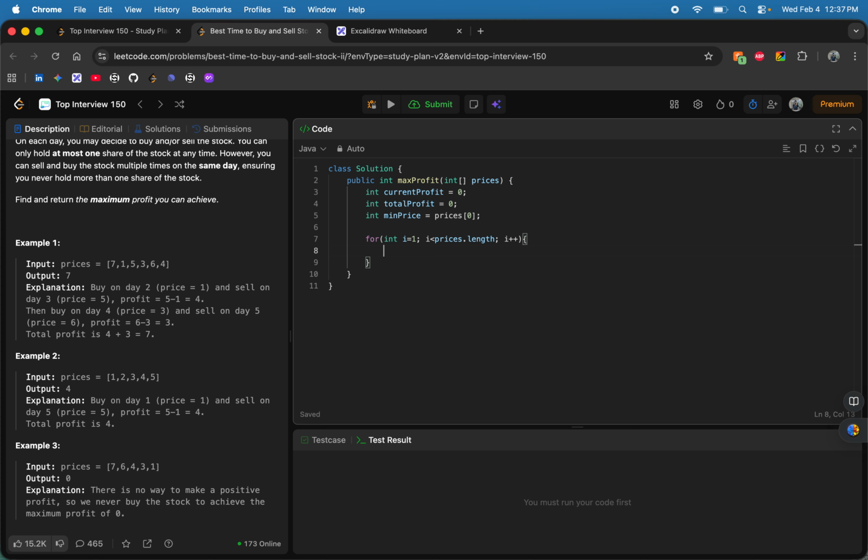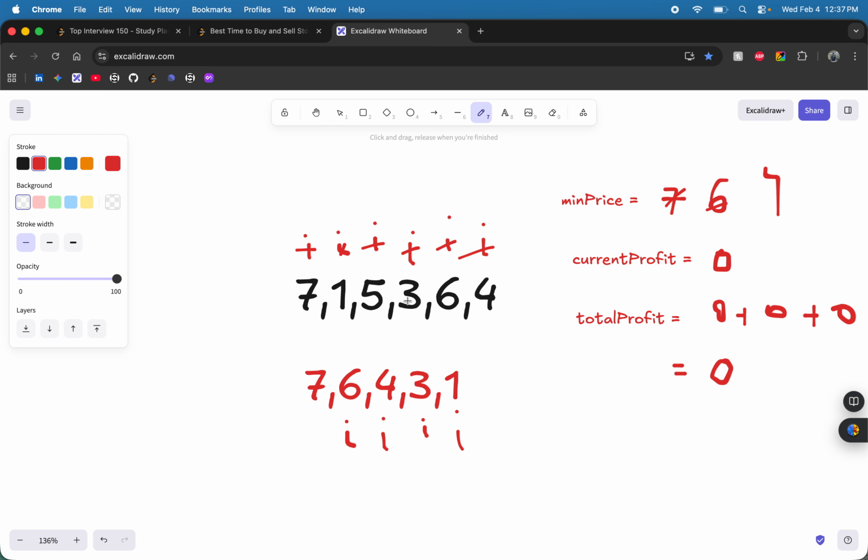Okay, now if prices of i, if the current index is less than the previous one, all right, because we have to compare with the previous one, whenever the graph goes up and down, that means we have to buy another one, because we have to start a new profit.